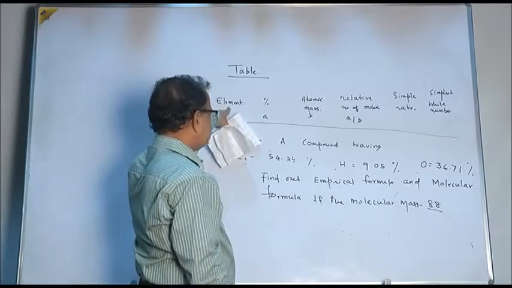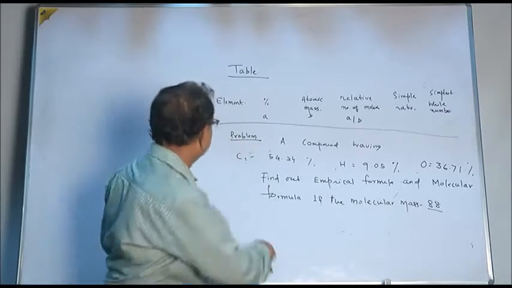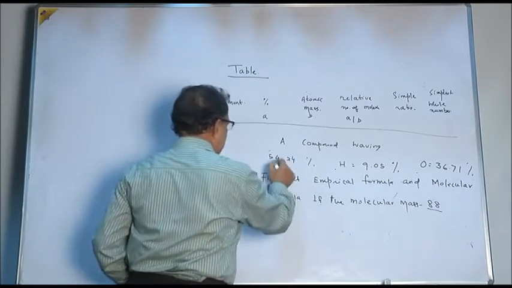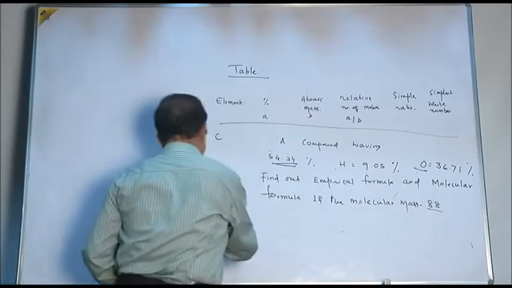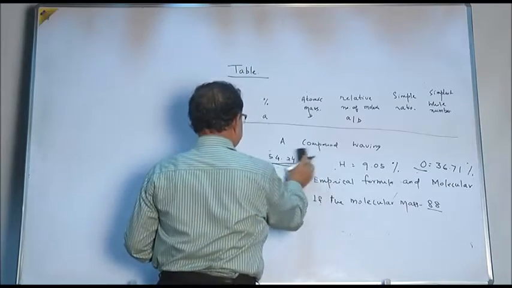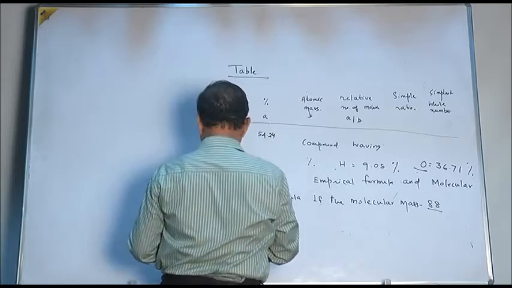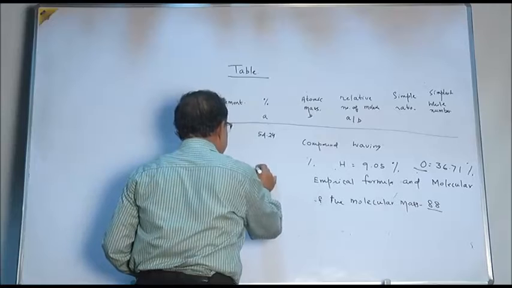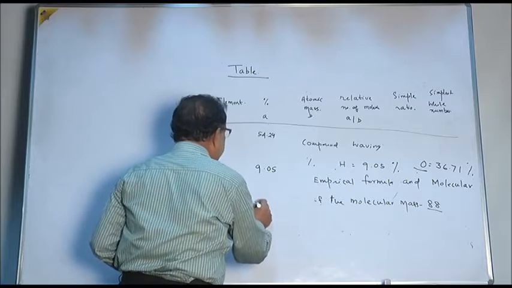First element, carbon, 54.24. Then hydrogen 9.05, and oxygen is given as 36.71.